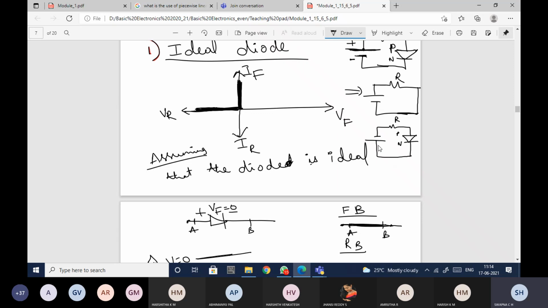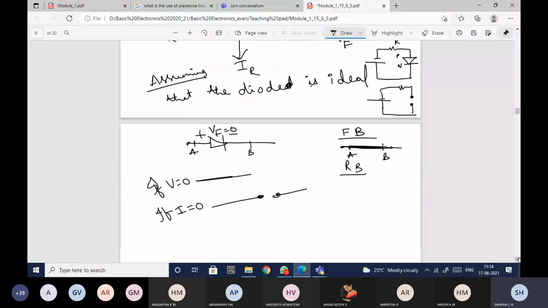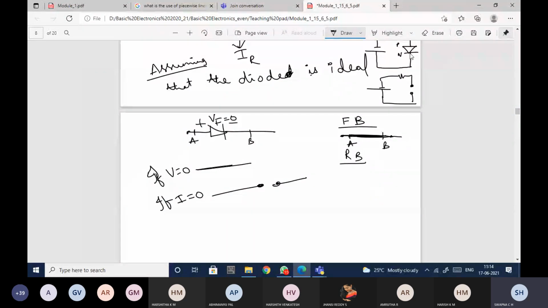It is reverse biased, and if the diode is an ideal diode, only then you can replace it with an open circuit. When it is reverse biased, there should not be any current flow through the device, so in reverse bias the diode should be replaced with an open circuit.